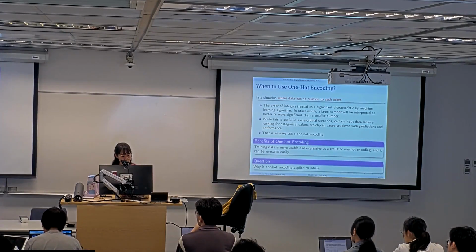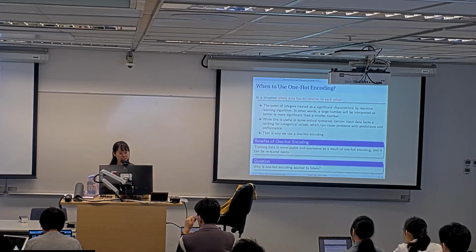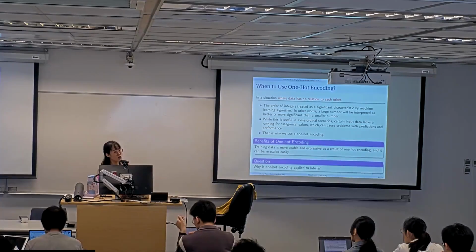But in machine learning algorithms, we know the order of integers is treated as a significant characteristic, right? 0 and 5 have some values, and there is some order to these class labels. In other words, usually a larger number will be interpreted as better or more significant than a smaller number.